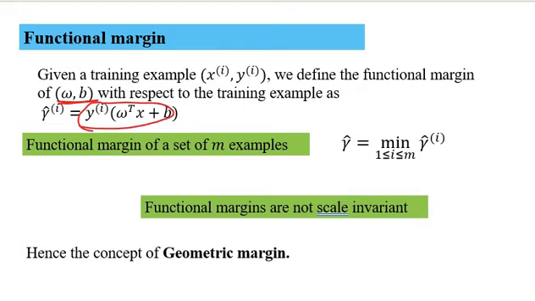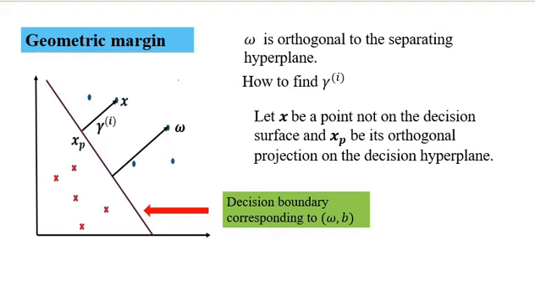Now, for the set of examples, if we had say m examples, the functional margin for the entire set would be taken as the minimum over all the samples. However, we have seen that functional margins are not scale invariant. We can change the value of the functional margin by scaling the W's and B's as seen previously. And so we want to move on to the geometric margin.